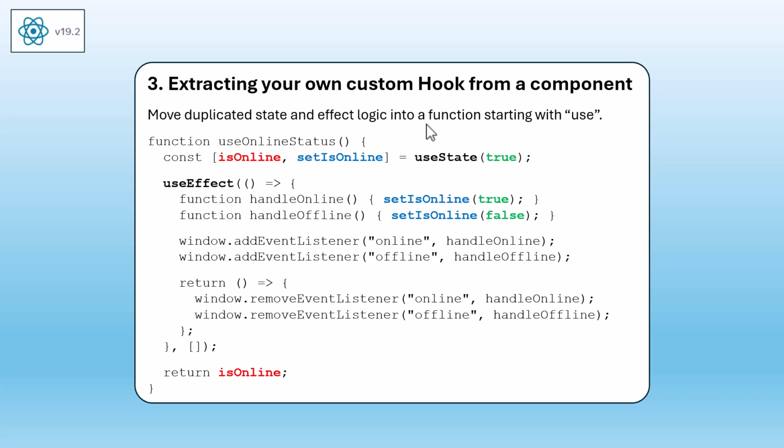By doing so, each component becomes more focused on its own role, for example, displaying status, or enabling, disabling a save button, while the custom hook handles the underlying mechanism. That means fewer errors, less duplication, and more clarity in the component code. Your components now express intent. I want the online status, rather than details. I subscribe to events, update state, clean up subscriptions.